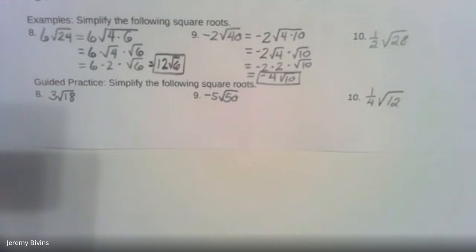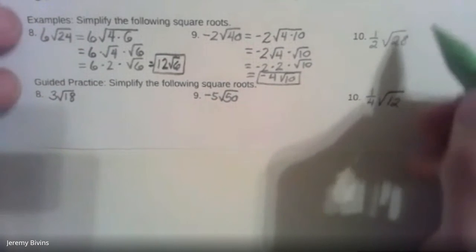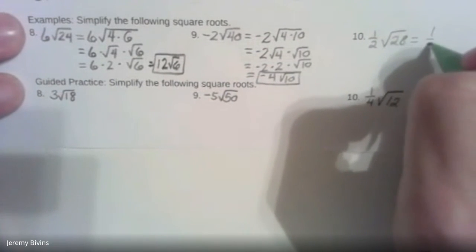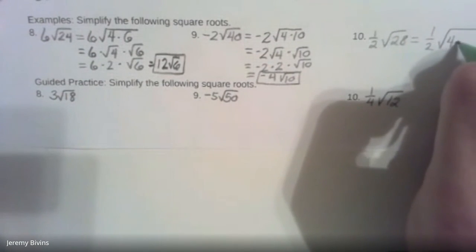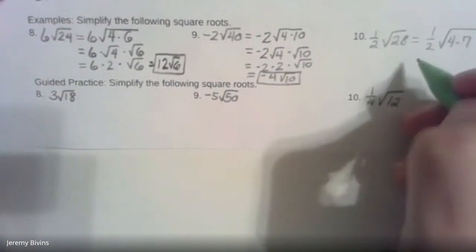Finally, with number 10, we have a fraction. It is 1/2 radical 28. What we want to do is to find the biggest perfect square that goes into 28. And I believe that is going to be a 4, and it multiplies with a 7.